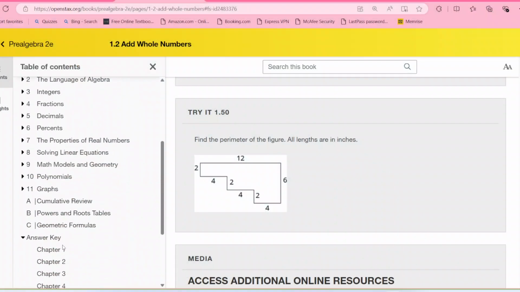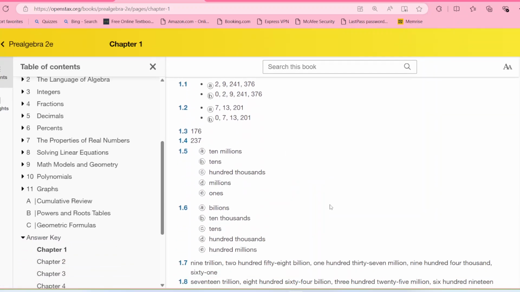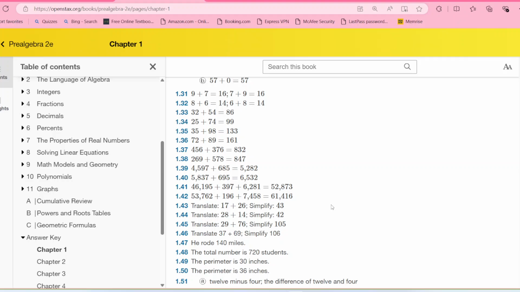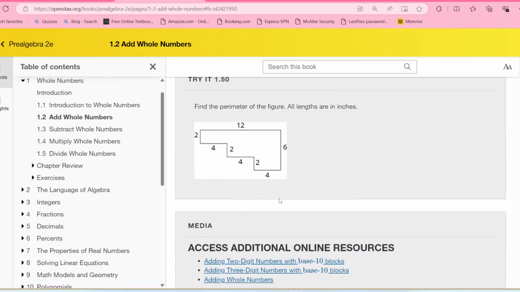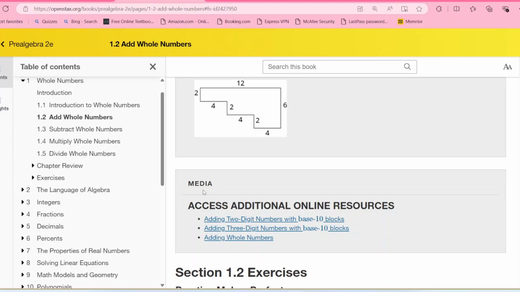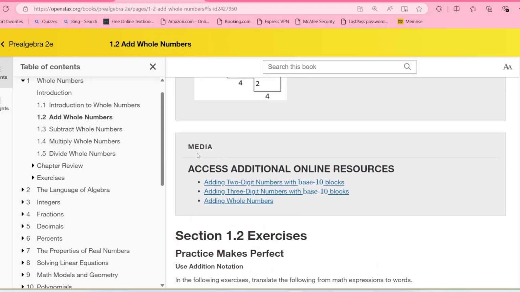All right, again, going back to the Chapter 1 answer key, try it 1.50. And I am seeing the perimeter is 36 inches. Fantastic. And then I go back to the reading, and the final thing in the reading is actually a thing I'll let you check out. There are just links to videos that I'm not going to watch here with you, right? These are just for your own benefit. So at the bottom of the section before the exercises, we have a media box to access additional online resources.